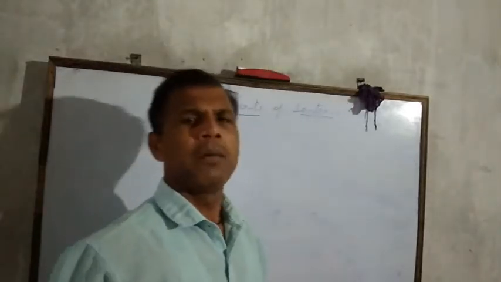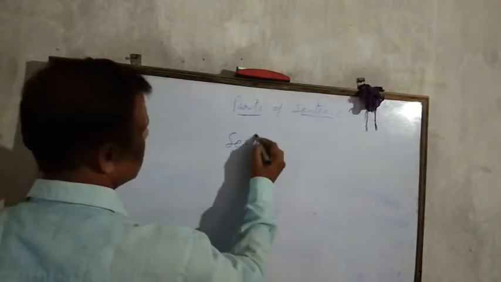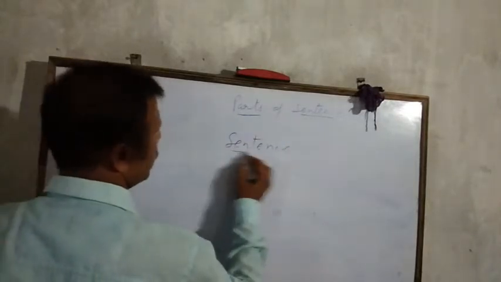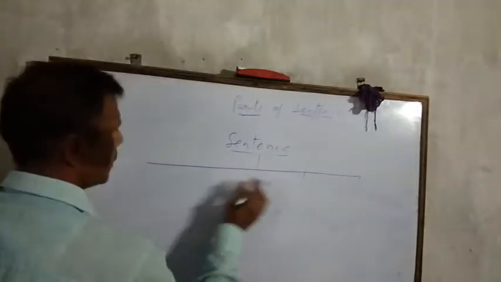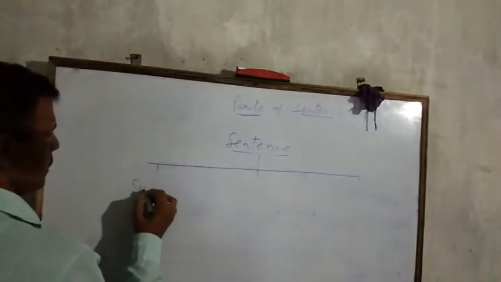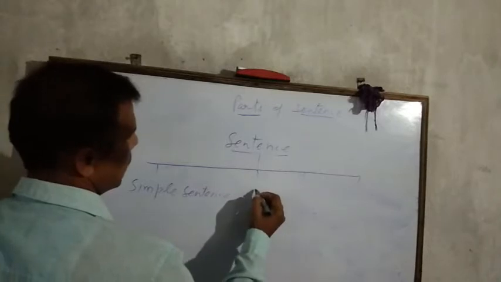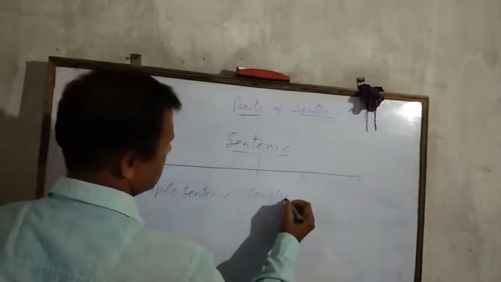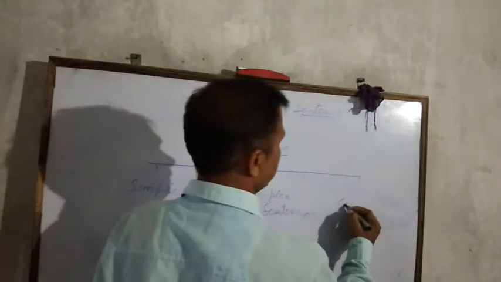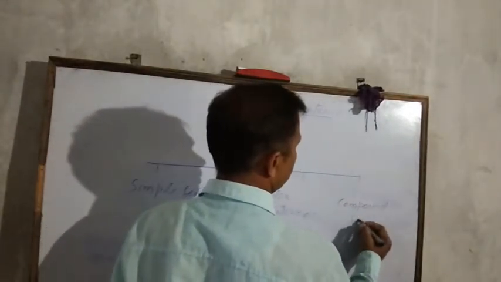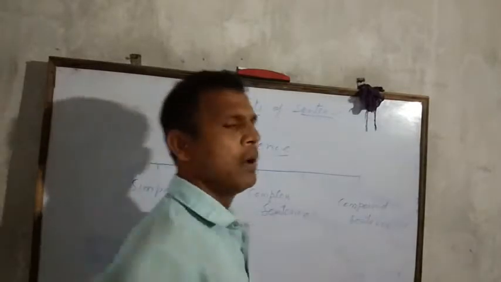But actually a sentence has only 3 kinds: simple sentence, complex sentence, and compound sentence.